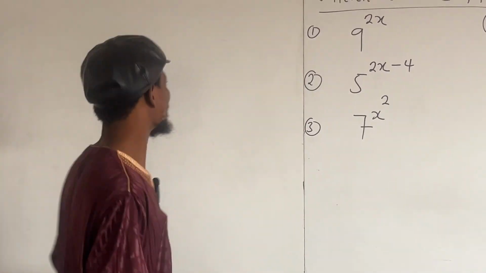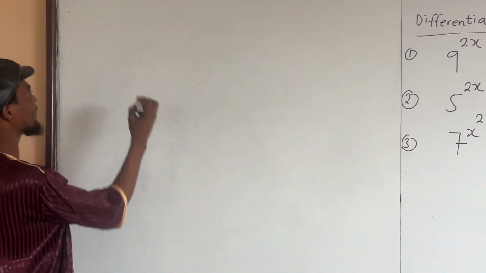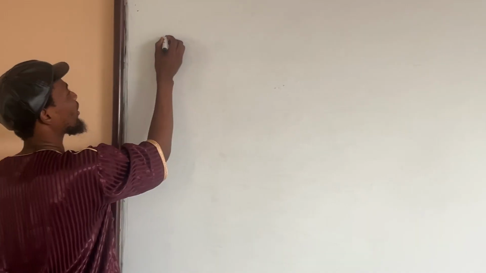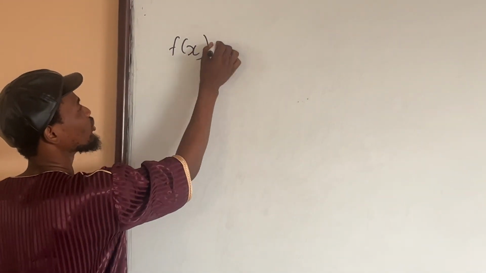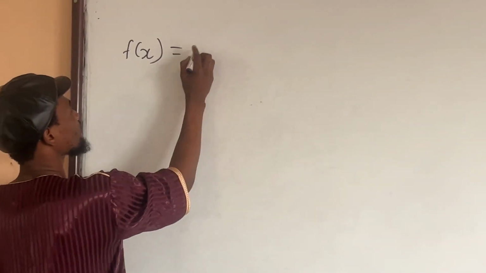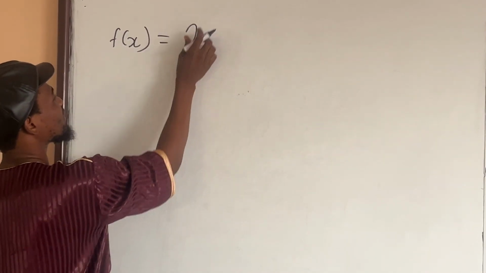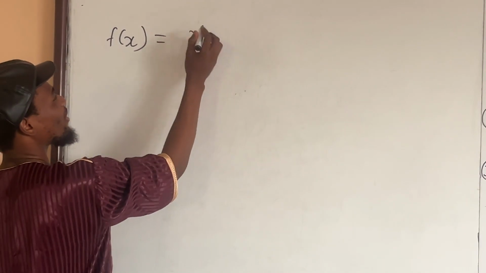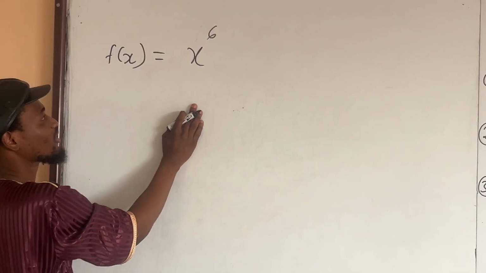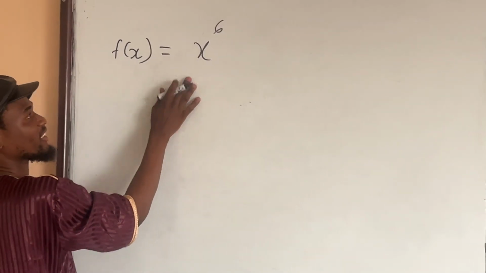For instance, let's say f of x is equal to 2, let's say you have x to the power 6. We are being told to differentiate this.